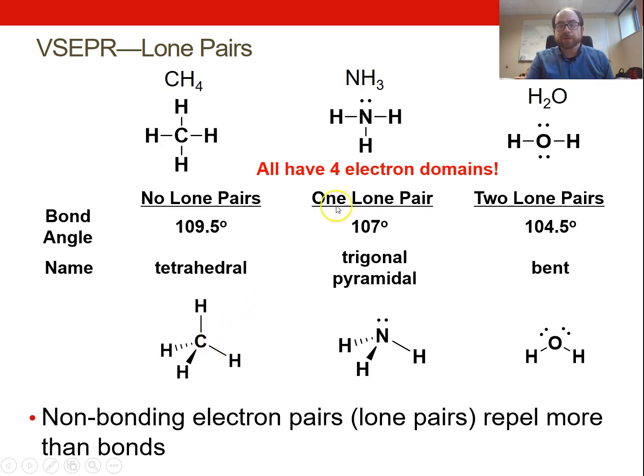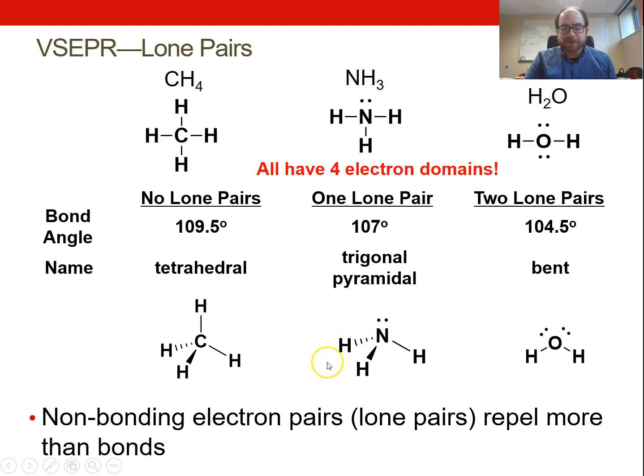If we have 4 electron domains with a single lone pair of electrons on that central atom, we call that trigonal pyramidal. This is different than trigonal planar because if I look at the 3-dimensional shape of this NH3, we would actually create a pyramid. I'm not going to try to draw it because my 3-dimensional orientation for a pyramid would not be very good.